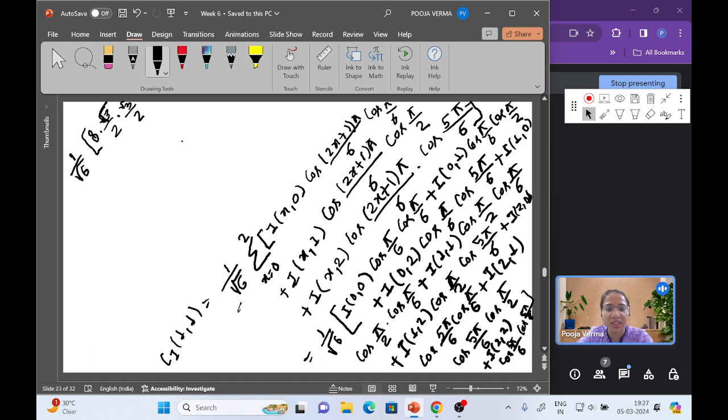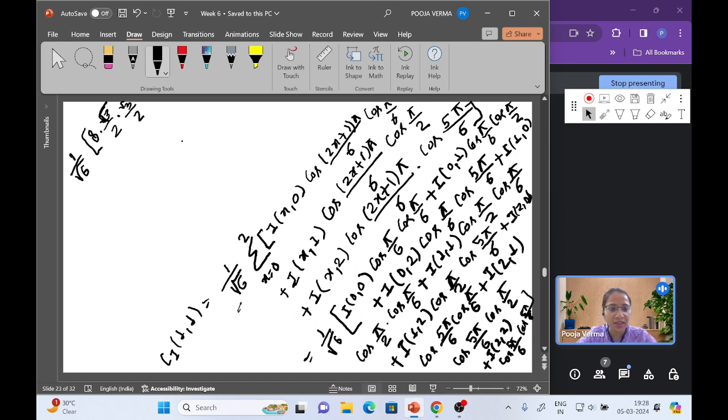Now moving to the next step, I 0 comma 1 cos pi by 6 cos pi by 2. Cos pi by 6 we have already calculated, the value is root 3 by 2. And what is the value of cos pi by 2? Can anyone tell me? Please answer in the chat box.